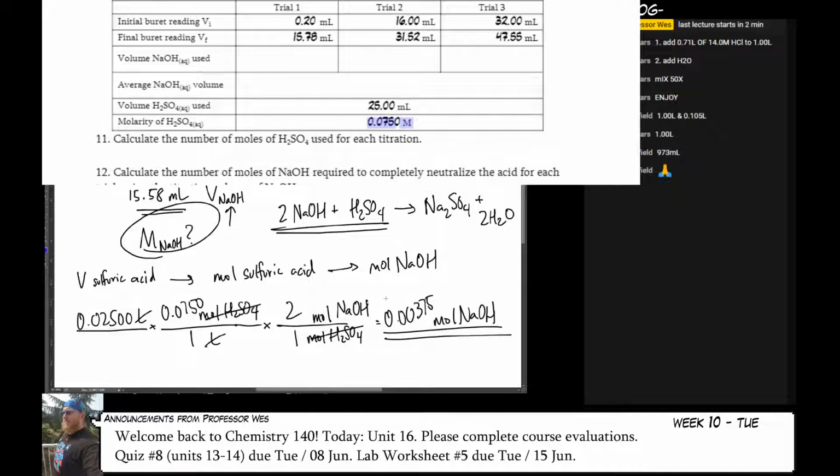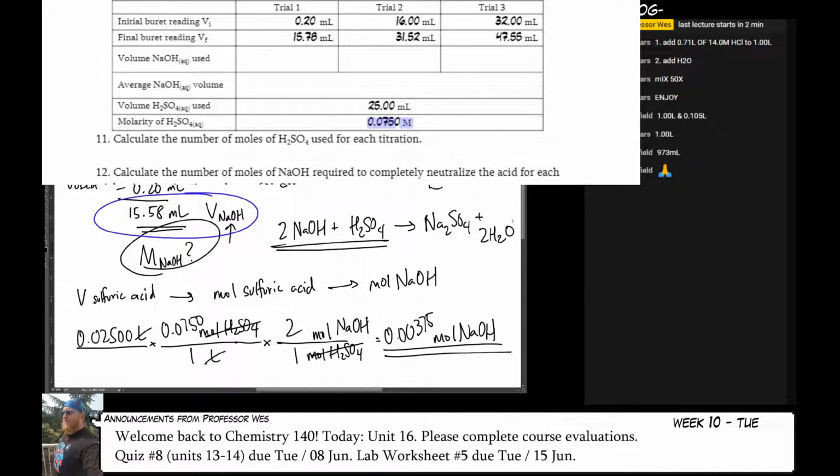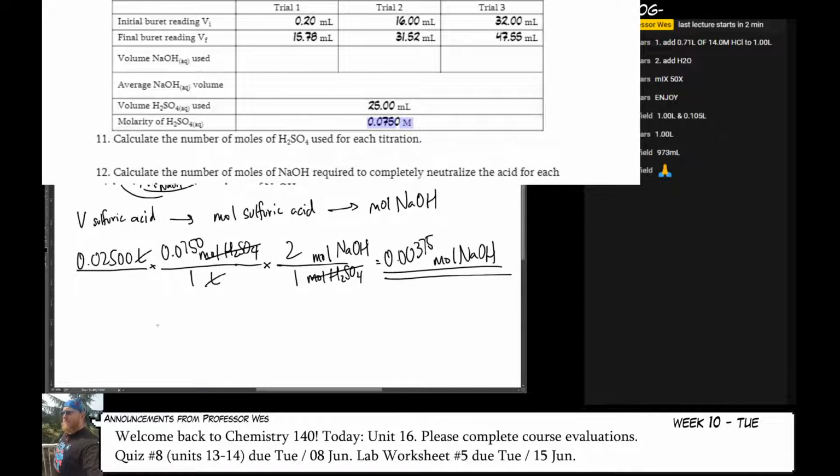Now, I know the number of moles, and I know the volume, don't I? The volume's right here. So if I know the number of moles and the volume, how do I get molarity? Well, we know that molarity is moles over volume, right?